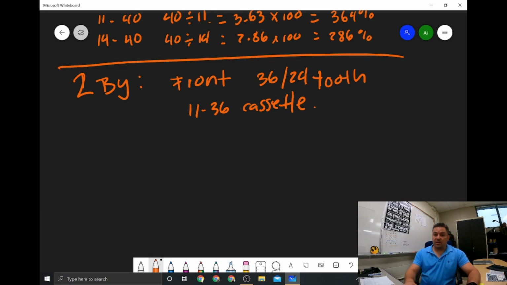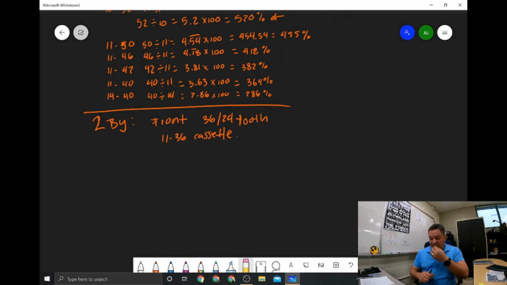We have a formula for this, and we can do this with any combination that you can find out there. So for example, on this one, we're gonna go ahead and divide the front chain set. We're gonna divide the bigger chain ring by the smaller chain ring.